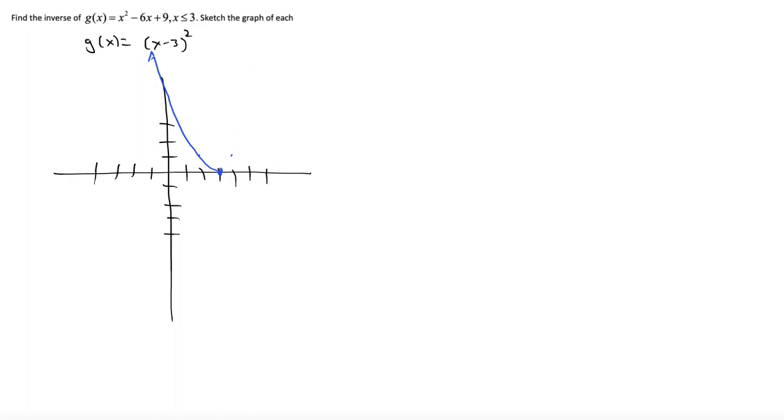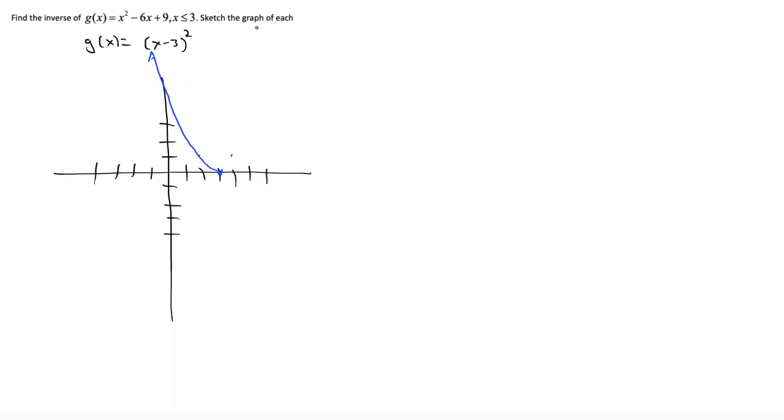So that eliminates this other half, which means now this will pass the horizontal line test. There are going to be no repeating y values for this particular function. That's good. So now this will have an inverse because we have restricted the domain so that there are no repeating y values.